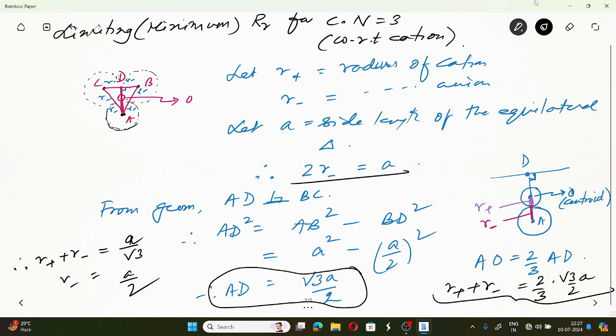So from here we can write R plus plus R minus by R minus, which is a/√3 into 2/a.